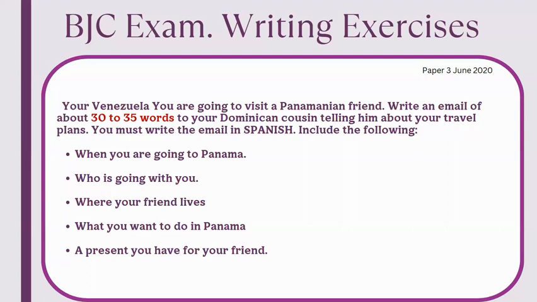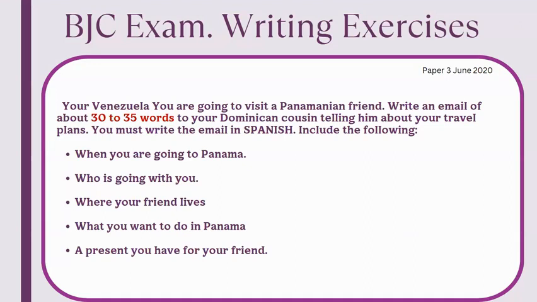Okay, so you're writing a letter to a cousin in Dominica or in the Dominican Republic, could be that too, in Dominica, and you are going to write about some things. So tell me some of the words that I should automatically see coming out in your email.